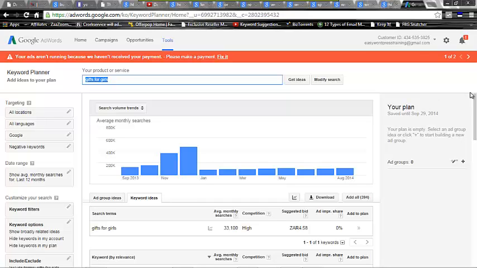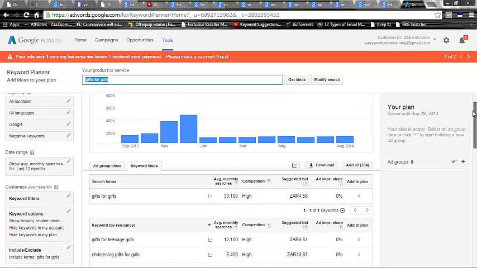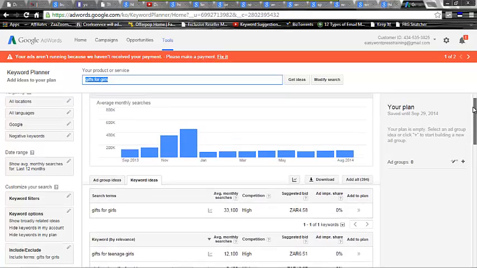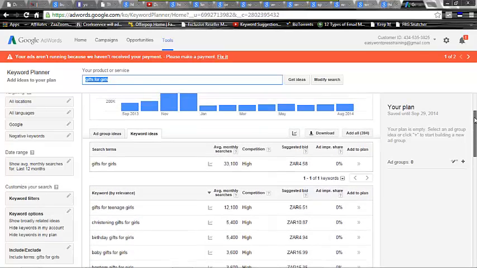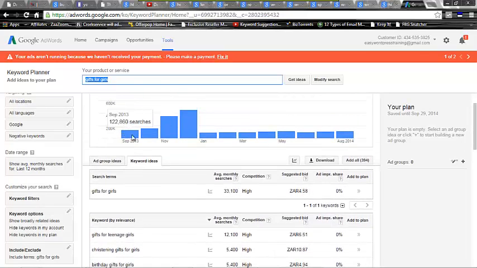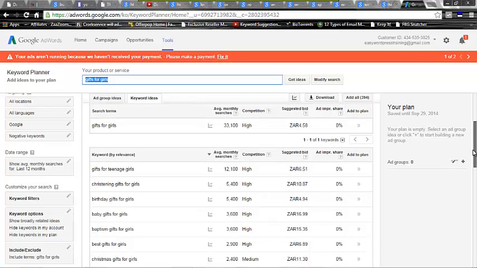Okay, so that would have been your niche research. Finding out gifts for girls is a cool one. Okay, then your keyword, by the way, while I'm here, just quickly look. September, October, November, December, look at the peak up to Christmas, and then it slowly gains ground back through the year. So gifts are clearly a seasonal thing.